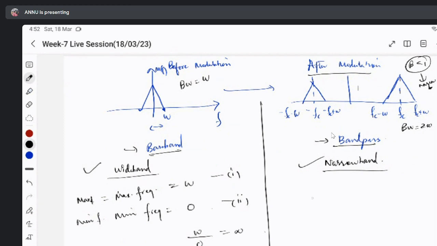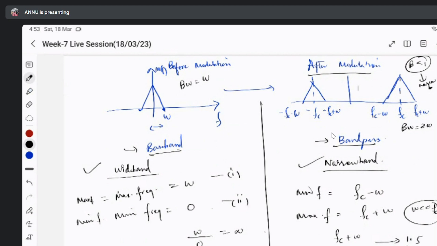Now if you take min f, which is fc minus W, and max f, which is fc plus W, and take the division fc plus W by fc minus W, it will converge to some value because W is far less than fc. You will have some value nearer to 1 or like 1.5.